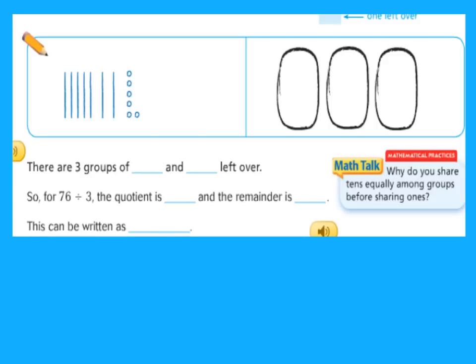So there are 3 groups of 25 and 1 left over. So 76 divided by 3, the quotient is 25 and the remainder is 1, which can be written as 25 remainder 1.